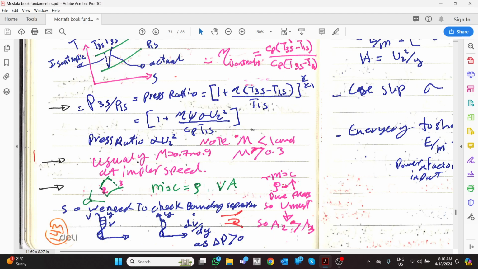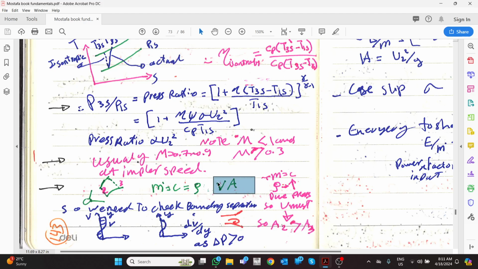Just a derivation of how it will be. Okay. Again, if the mass flow rate is constant and density is increasing, this term must go down.